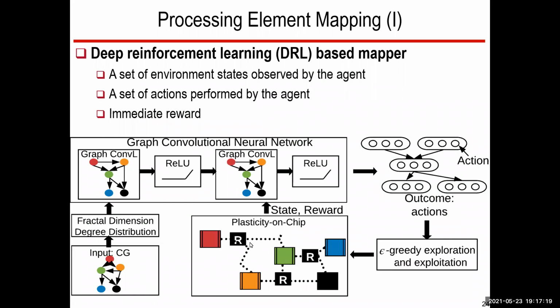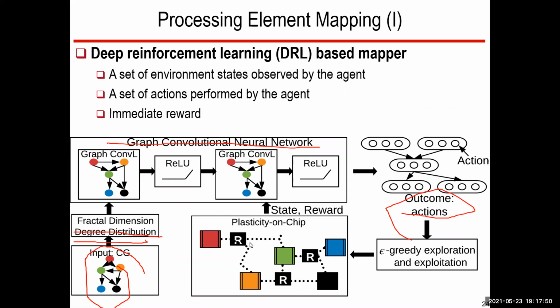Next, we propose a deep reinforcement learning based mapper. The input to this mapper is the community graph, as you can see in this one. The output is the actions, such as mapping one community to a processing element. Fractal dimension and also degree distribution are used as features in a graph convolutional neural network.